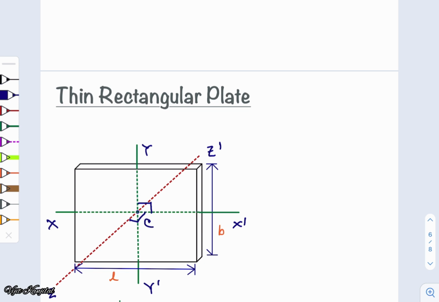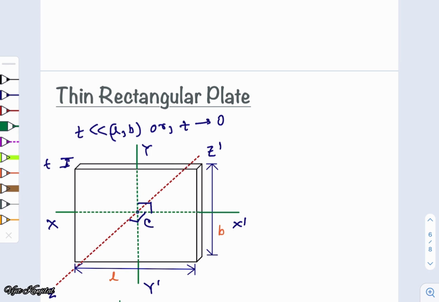And this plate is quite thin, that is, the thickness of this plate is very small. This is very less than L or B, or the thickness is tending to 0. So let us try to calculate the moment of inertia of this plate with respect to this particular axis.